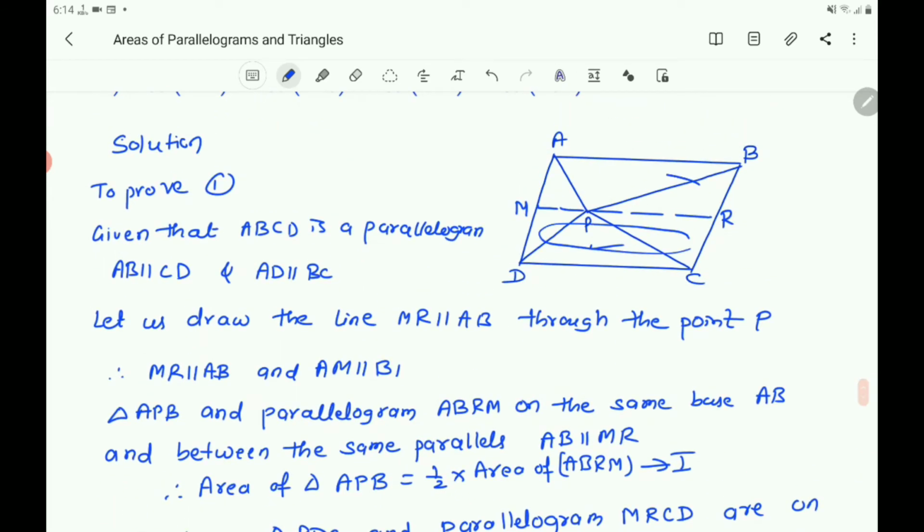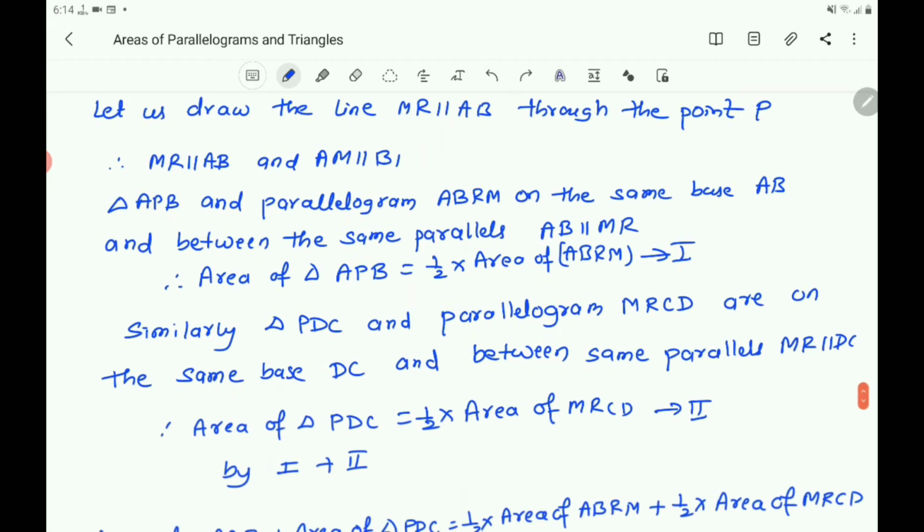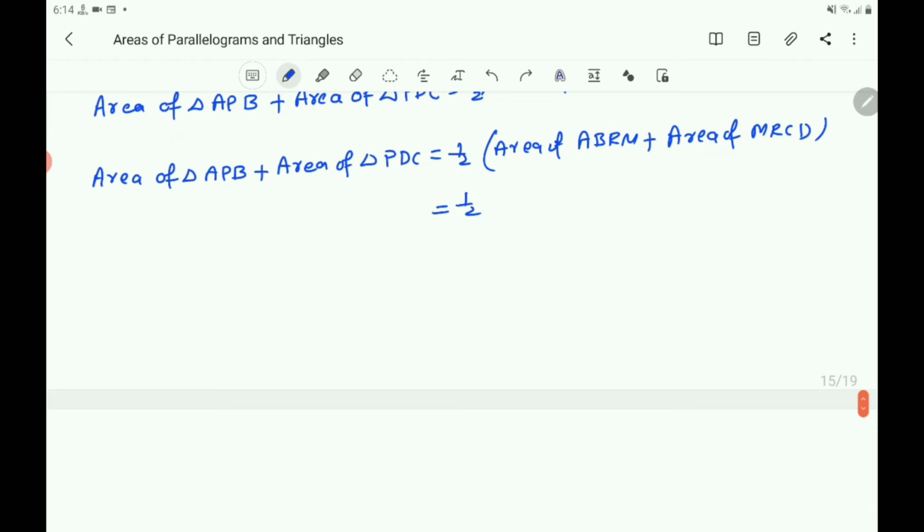Area of this parallelogram plus area of this parallelogram adds up to the area of the whole parallelogram ABCD. That equals half area. So area of triangle APB plus area of triangle PDC equals half area of ABCD. So you got the proof for the first one.